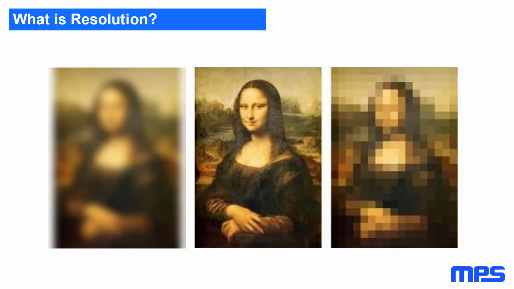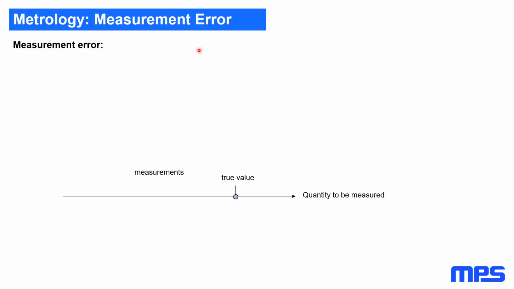So we got to get into some metrology here and talk about measurement error. So here is a value that we're going to be measuring. So this is the quantity that we're measuring on the horizontal x-axis, and we have some value. That's the real value. As we take measurements, and we haven't moved the true value, we're just taking multiple measurements with that true value remaining the same, we get some noise.